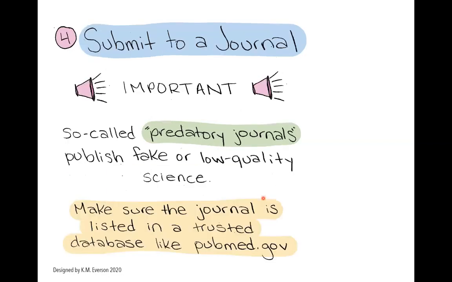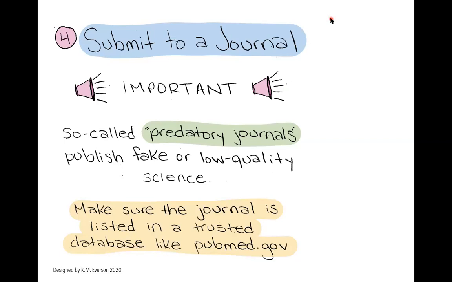And then you submit to a journal. Okay, and once you do that, you have to make sure that you're submitting it to a reputable journal. Right? There are some predatory journals, as they're called, that really take in any kind of fake, or I mean, yes, there are some journals that will publish straight up fake stuff, or certainly very low quality science, meaning not rigorous.